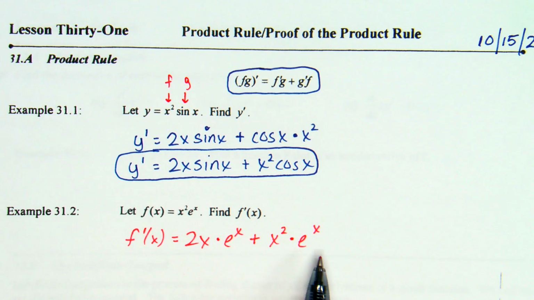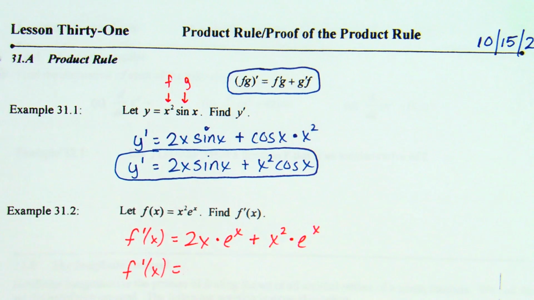You need to recognize the equivalencies, right? And so what is a GCF we can factor out here? x. So really, you can factor out an x e to the x. If you factor out an x e to the x, what remains?